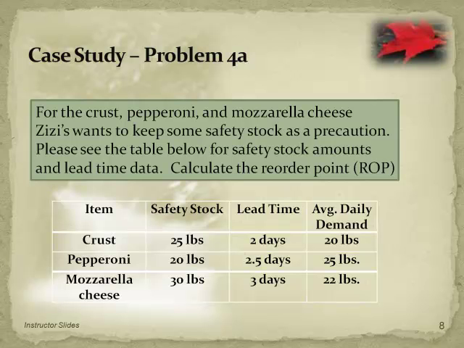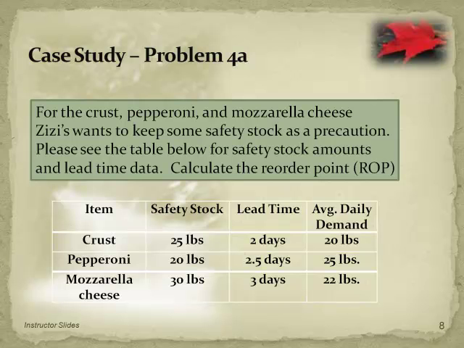So the table below shows the safety stock that we want to carry. So in this example here, we're using a fixed safety stock where we're determining a specific quantity. We have the lead time for each of the ingredients, and we have the average daily demand for each ingredient.